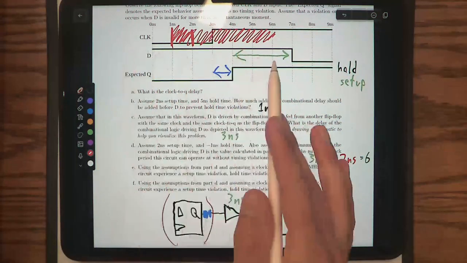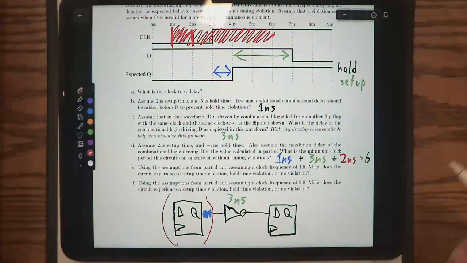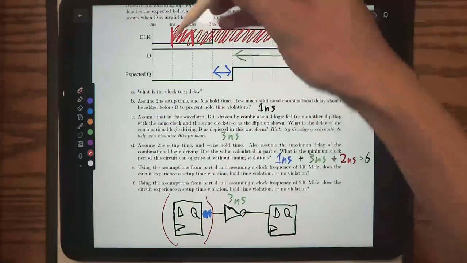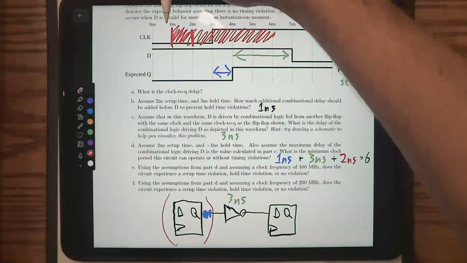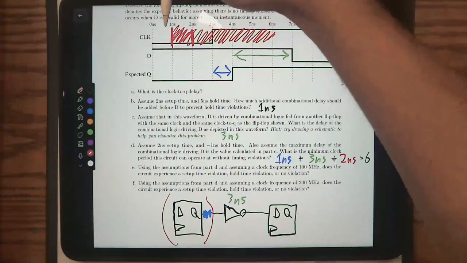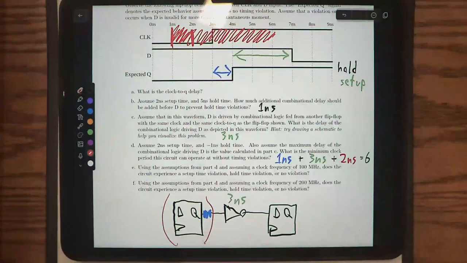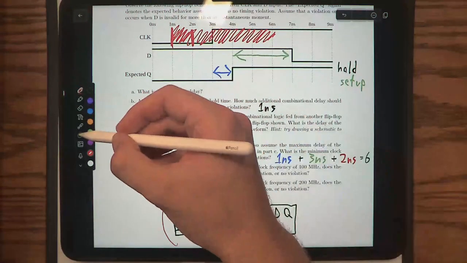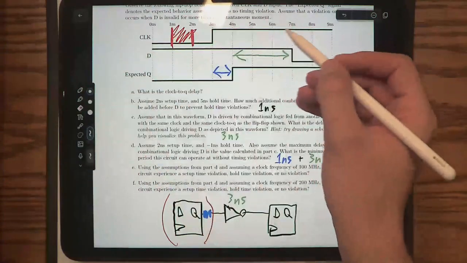It doesn't have anything to do with the clock period, because the most important thing is satisfying the setup time and then making sure that the signals are held for long enough from the previous cycle. So it's not factored in.